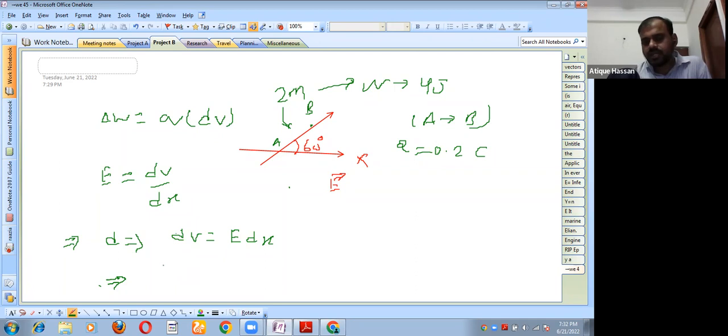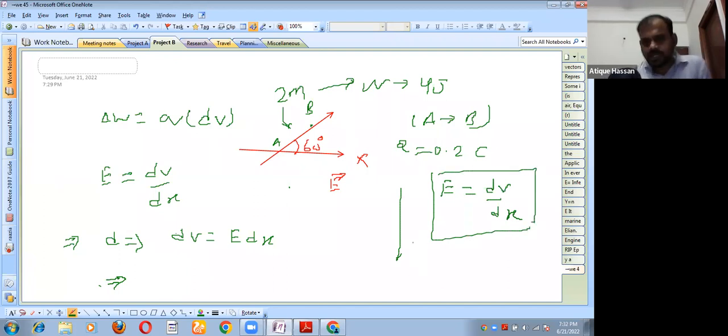The relation E is equal to dV by dx is only valid when we are moving along the electric field. This formula of E is equal to dV by dr or dV by dx is only valid when we are moving along the electric field, when the angle is 0.